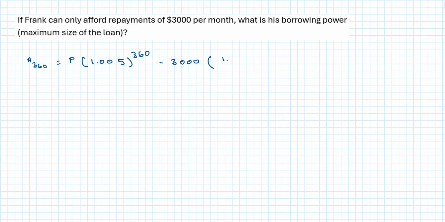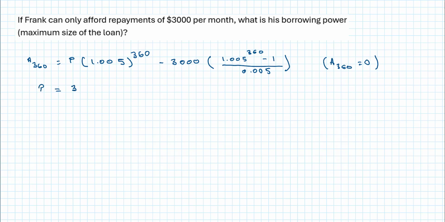And my sum of the series was... so again, A360 has to be 0. So I can rearrange. Let's write that. A360 equals 0. Rearrange making P the subject.